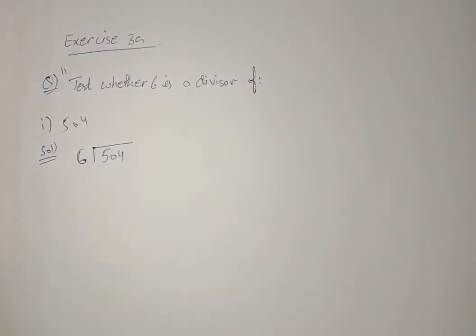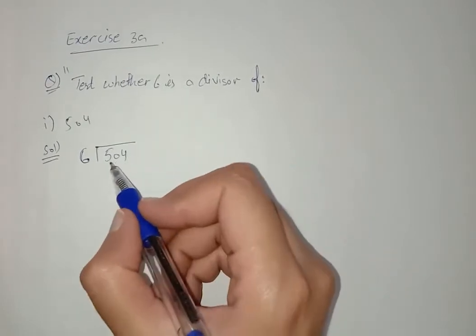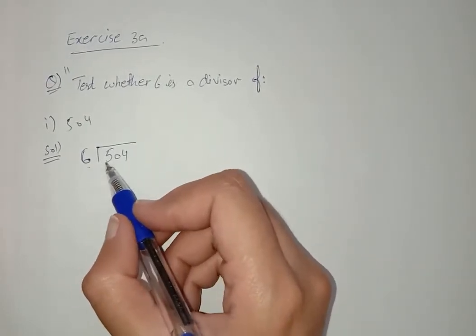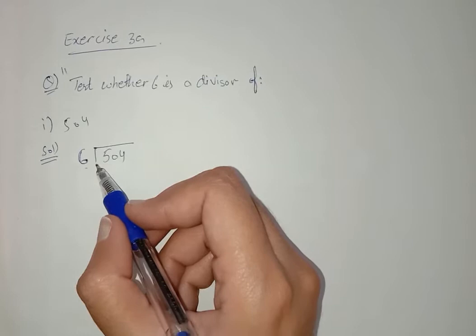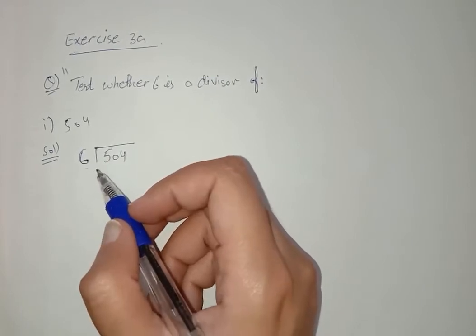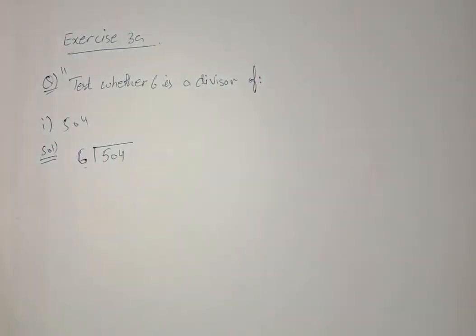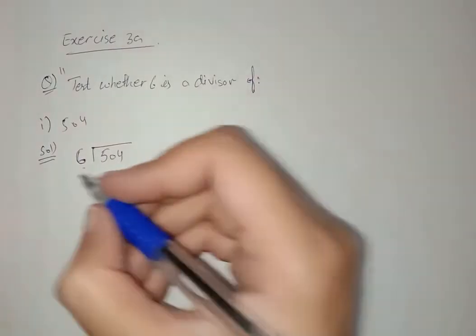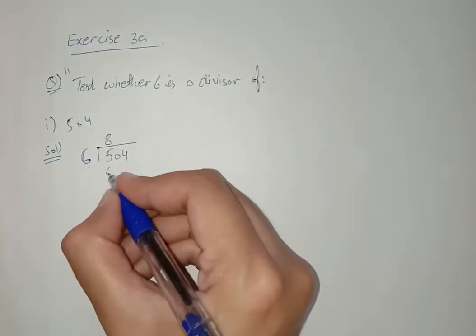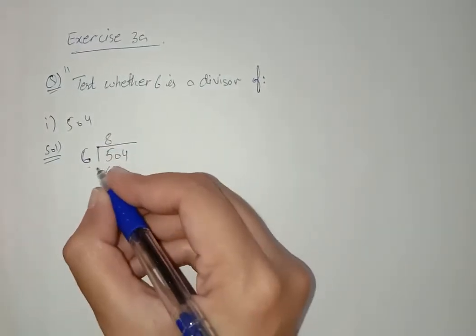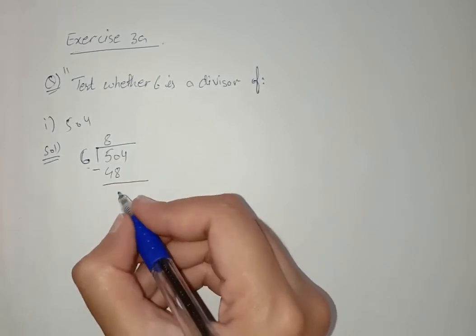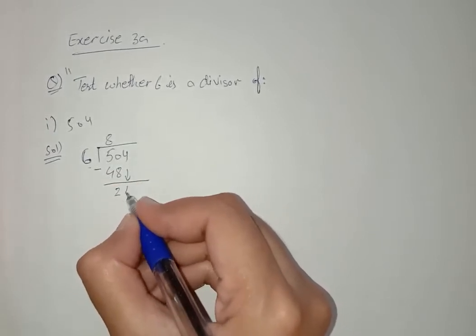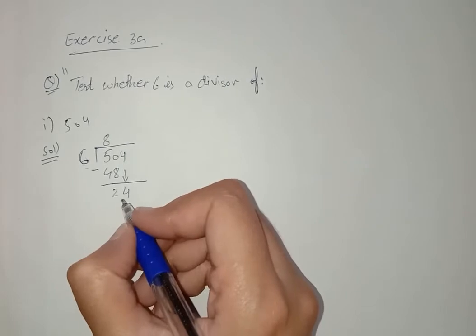So in 504, does 50 come in the table of 6? No, 50 doesn't come. So the smaller value is 48. 6 8s are 48. If we subtract both of these, the answer is 2 and 4. Does 24 come in the table of 6?